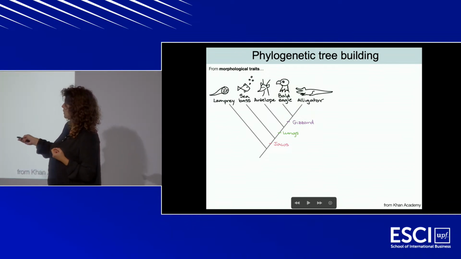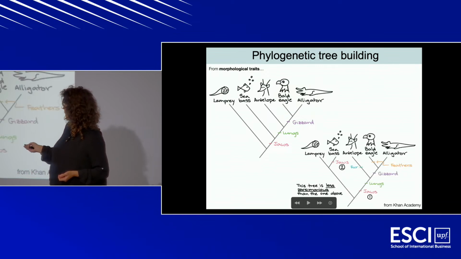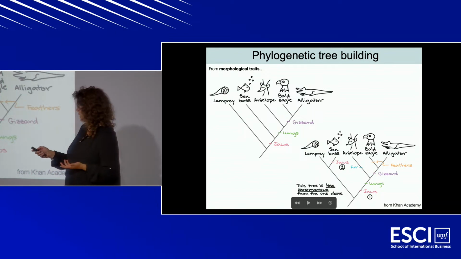So if we have this tree, we can place the origin of jaws here, the origin of lungs here, and the origin of gizzard here, and that will give us this topology. Now we can build other trees, but they will involve more changes. For instance, just imagine that we place the origin of jaws here and the origin of jaws here.